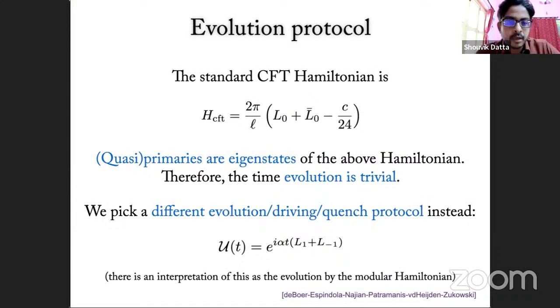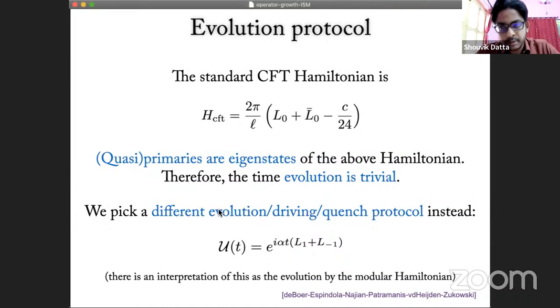So to make matters more interesting, we pick a different way to drive the system, or quench the system, via a unitary protocol. This is a different Hamiltonian, if you like, made out of a linear combination of L1 and L minus 1.